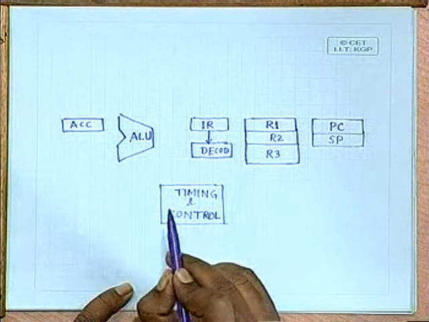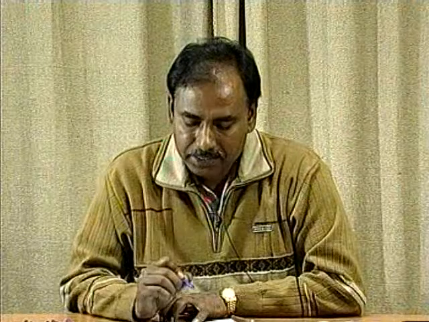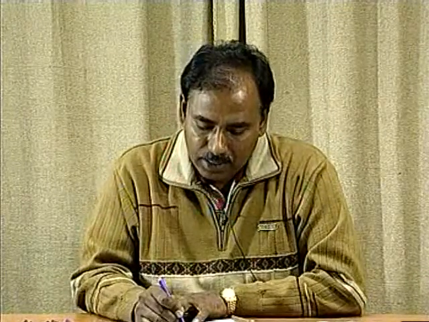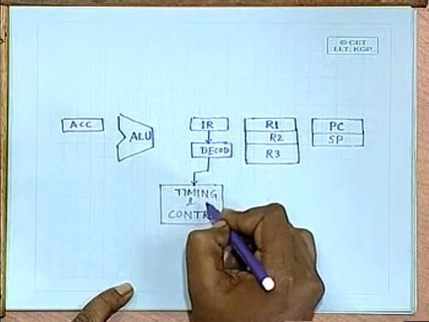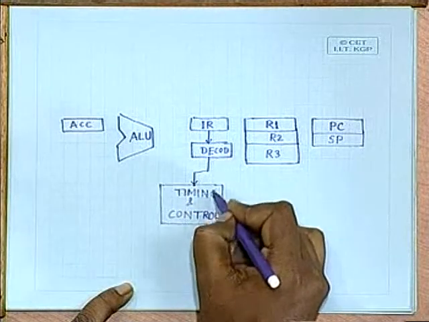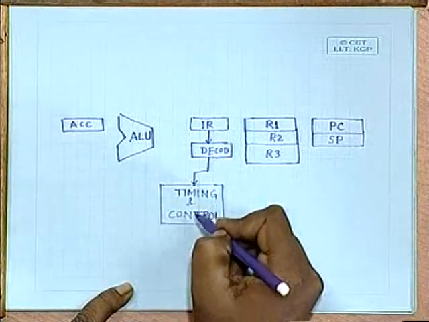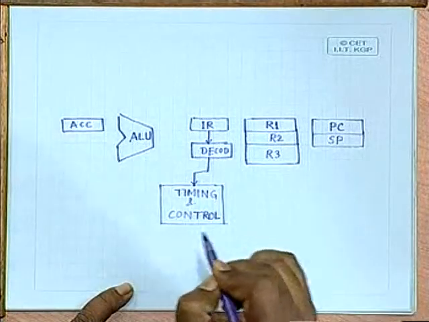And the task which is to be executed is dictated by the instruction which is under execution, and that is interpreted by the instruction decoder. So, this instruction decoder, after decoding that instruction, gives some signal to the timing and control unit, and after getting this signal, the timing and control unit generates all the control signals in a proper sequence, so that the specified task can be executed.